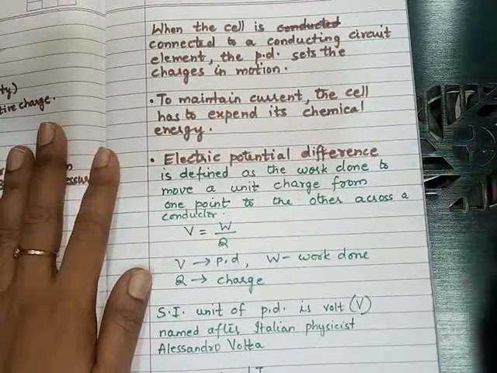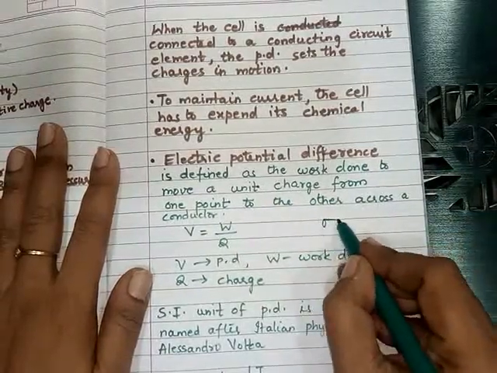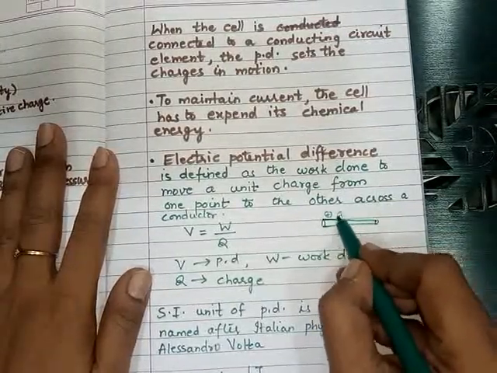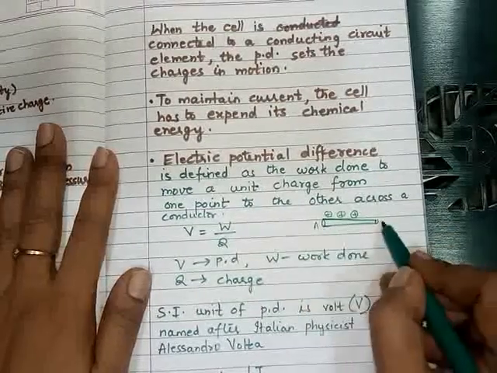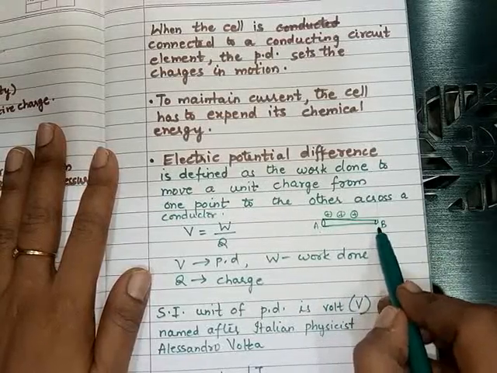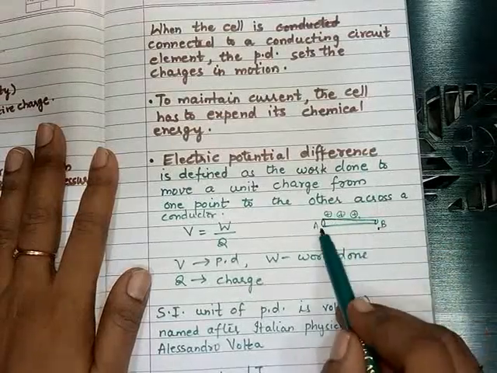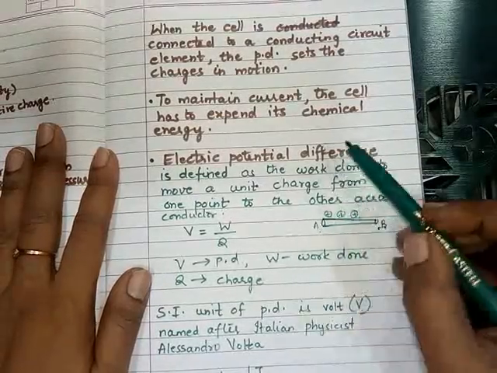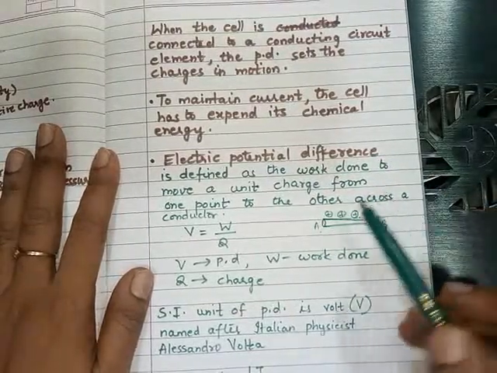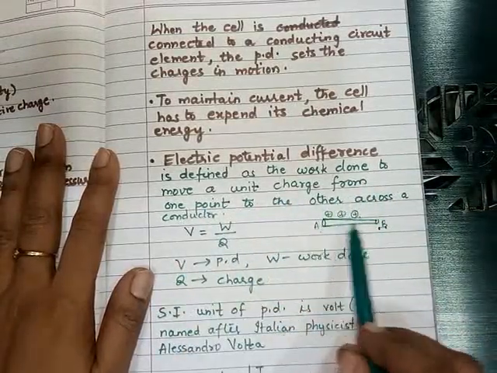So what is an electric potential difference? If you have a piece of conductor like this, and the charges are supposed to move from one end to the other end, let us say A to B, then the potential difference across A and B is defined as the amount of work done to move a unit positive charge from A to B. So we can define electric potential difference across the ends of a conductor as the amount of work done to move a unit positive charge from one end to the other end.